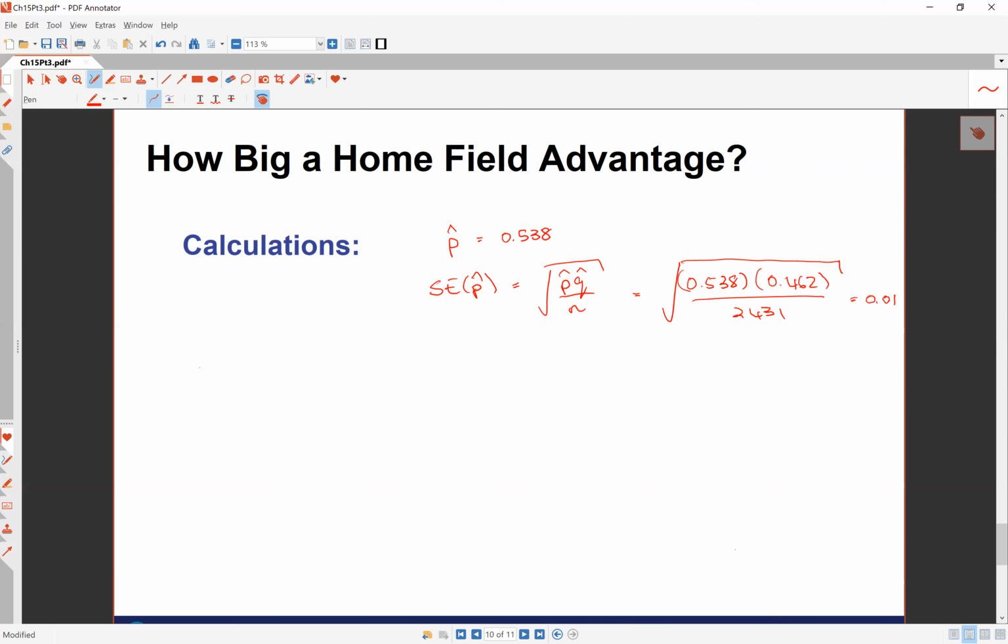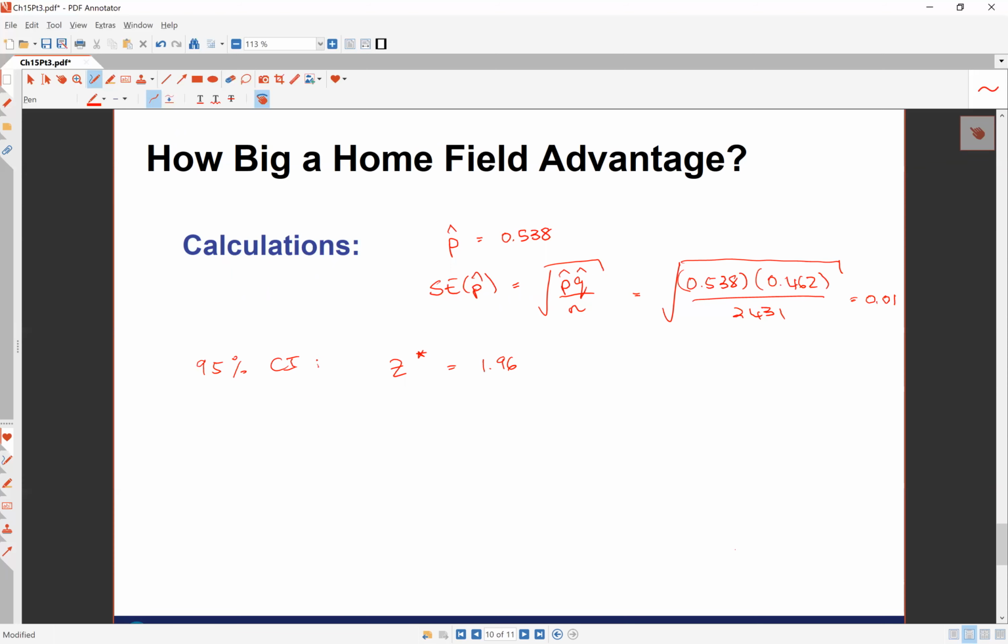Now, say we're doing a 95% confidence interval. You'll have to go find a Z star value for that. And in this case, that's 1.96. Please go and review that from chapter 13 if you need to.